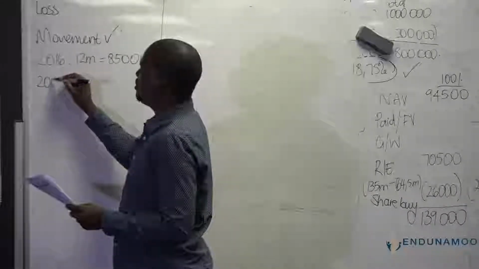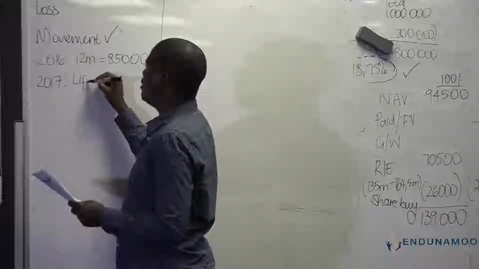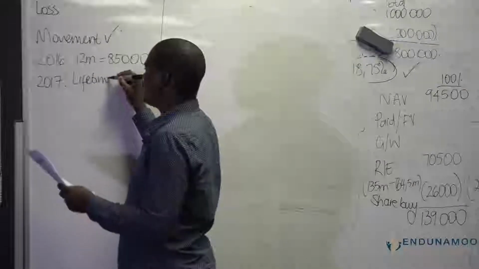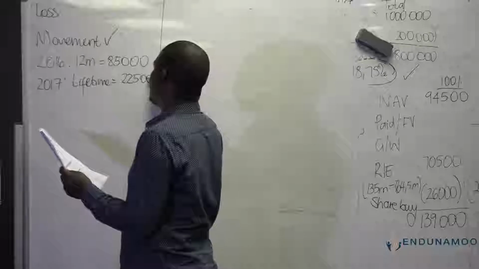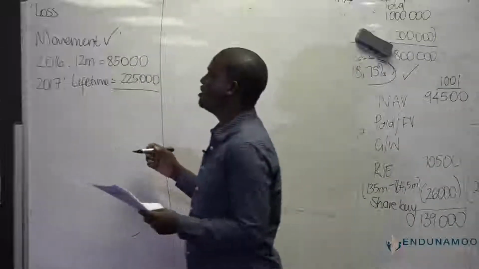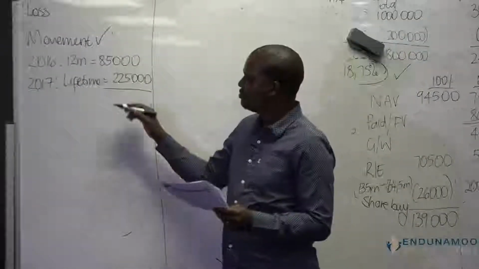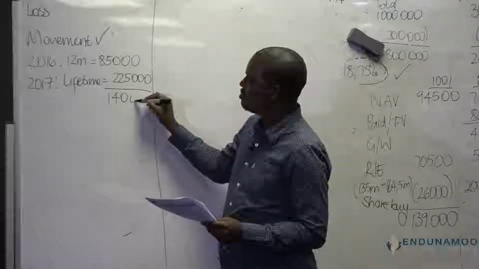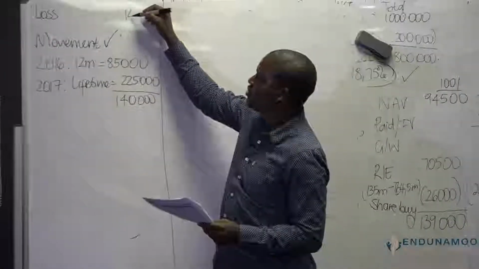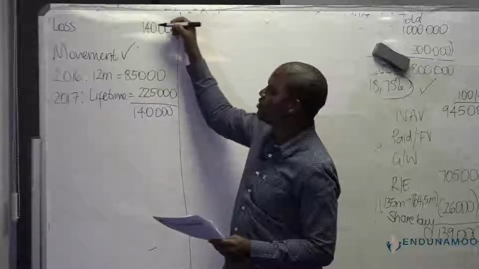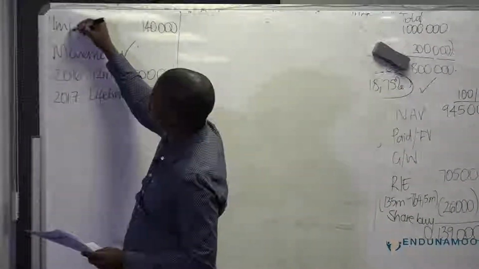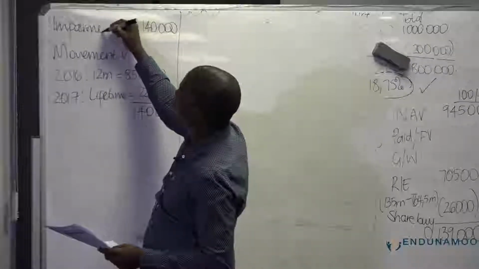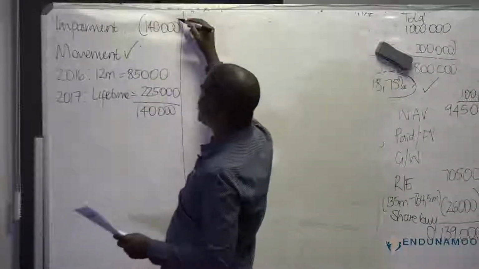And 2017, which is lifetime, and that equals 225 altogether. So the movement is how much? 140. So the loss allowance is 140, or let's call it impairment, right? And it's an expense. Do you agree?